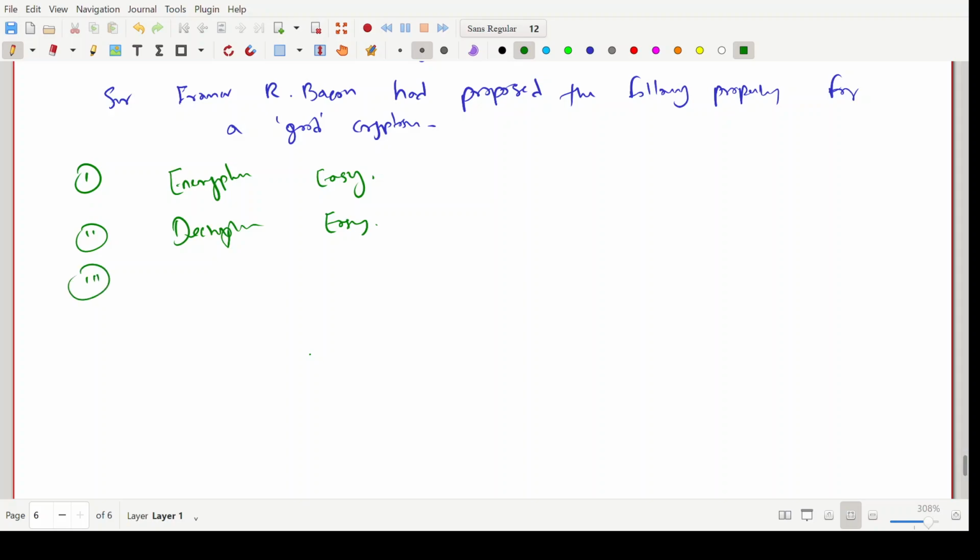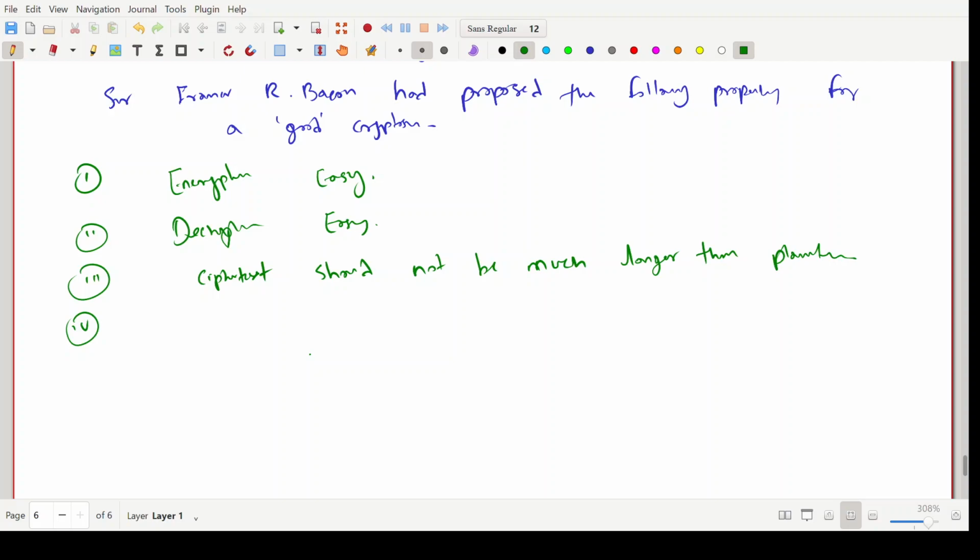Third is your ciphertext should not be much longer than plaintext. Fourth, just by looking at your ciphertext, you should not be able to get the plaintext.